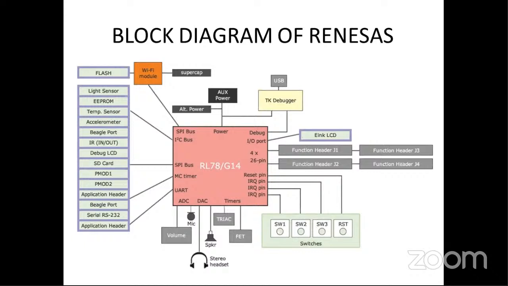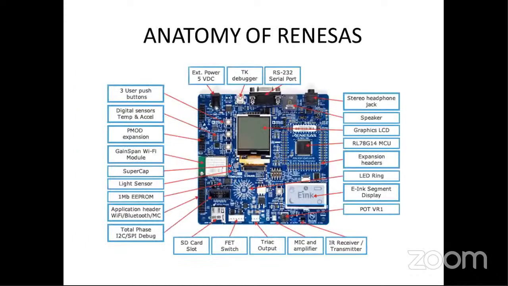Then you have an e-ink LCD, along with a power unit and USB connectors. The other units we can see are a light sensor, EEPROM, and temperature sensor. These are different sensors which can be connected to your controller. Along with that, peripheral modules can be supported. It has serial input output ports, RS232 can be connected to it, and an application header can be connected to it. So this is the anatomy of any Renesas RL78 microcontroller.